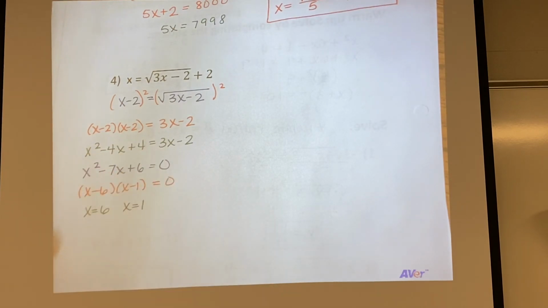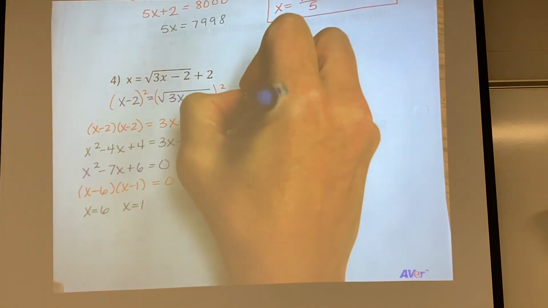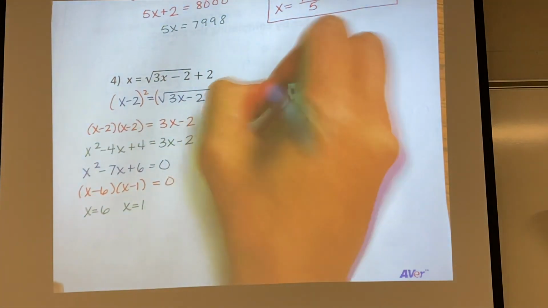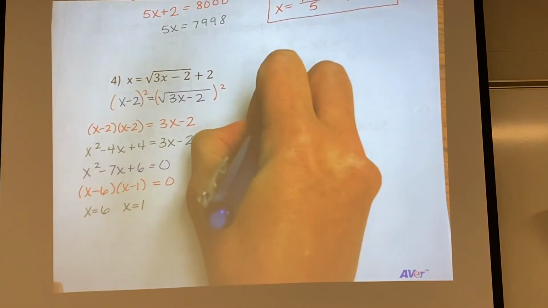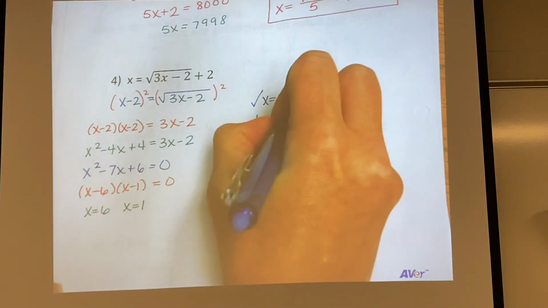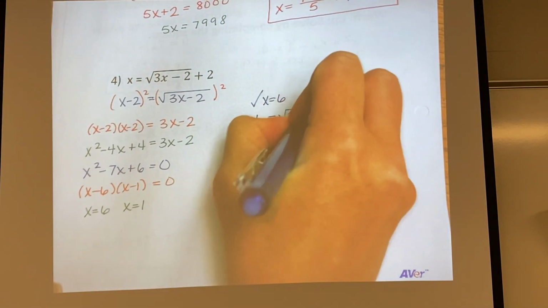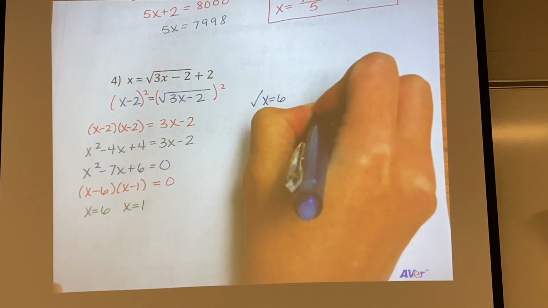Now the thing on these is you have to check to see if one of them is extraneous or not. Because they both could be extraneous, they both could work, or one of them could work and one couldn't. So we have to check these. So let's check x equals 6 first. So that means we're just going to put the numbers back into the equation. 6 equals the square root of 3 times 6 minus 2, plus 2.